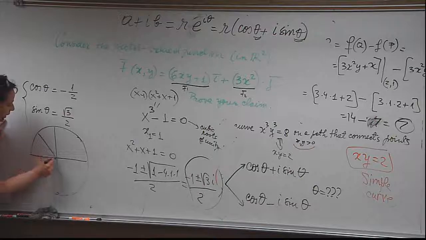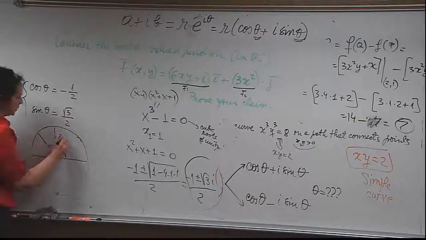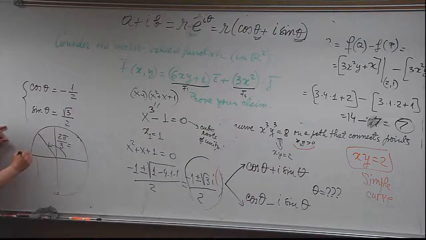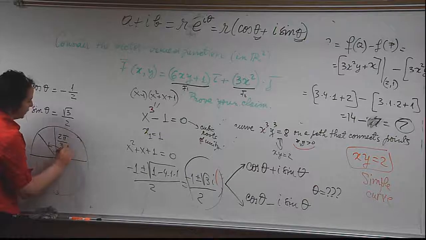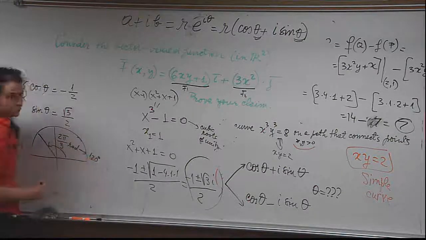Where you are here, you are at 120 degrees. How much is 120 in pi? 2 pi over 3. Excellent. So 2 pi over 3, this is in radians. Let me write radians. In degrees, that's 120 degrees, right?